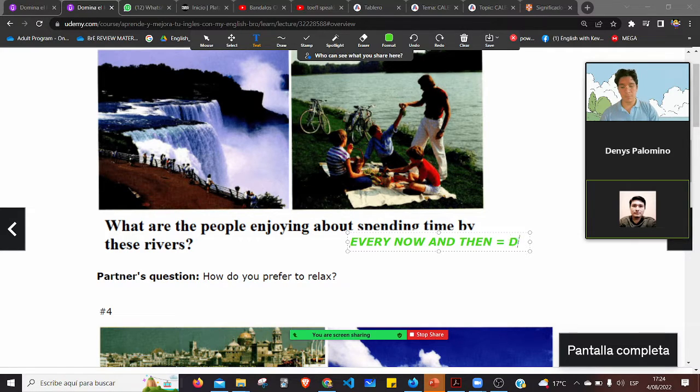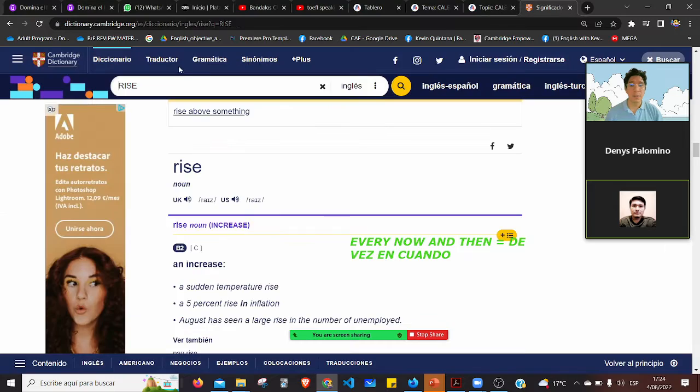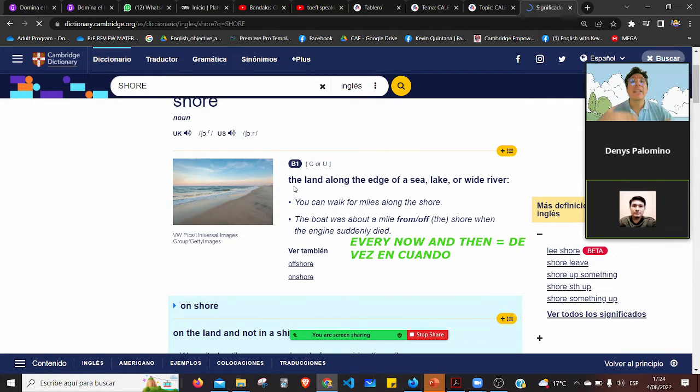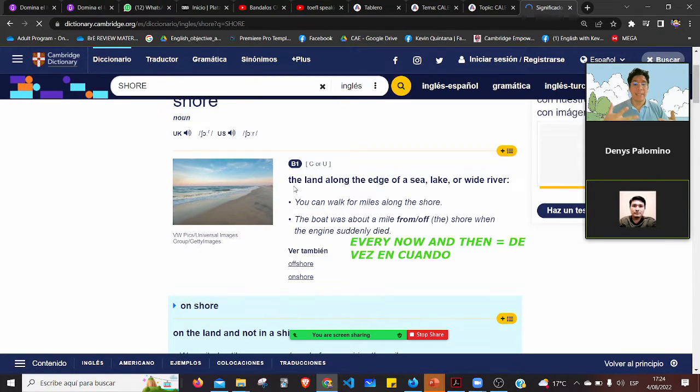For example, every weekend I walk on the Ancon shore, because it's relaxing. It's relaxing.